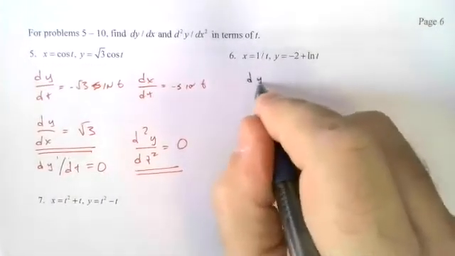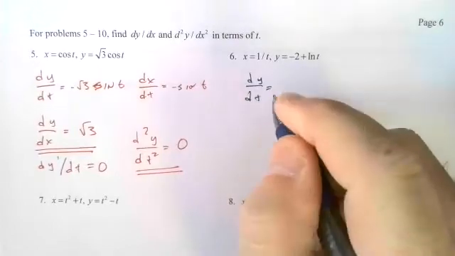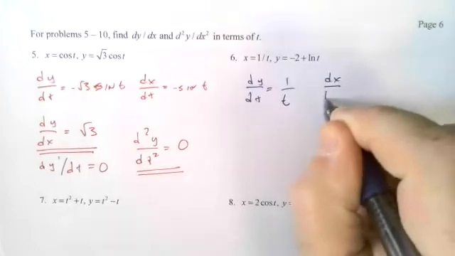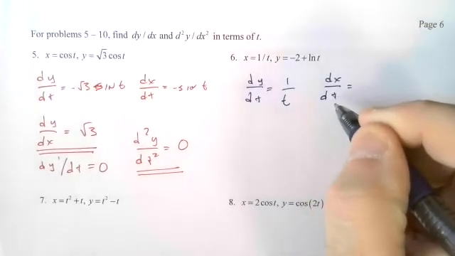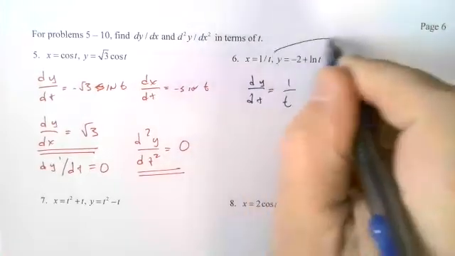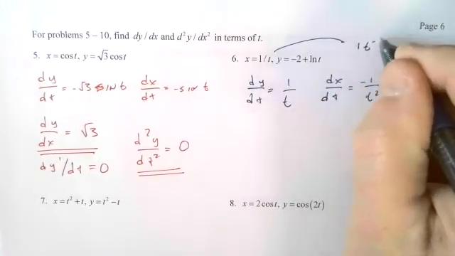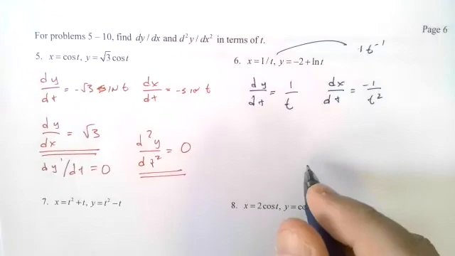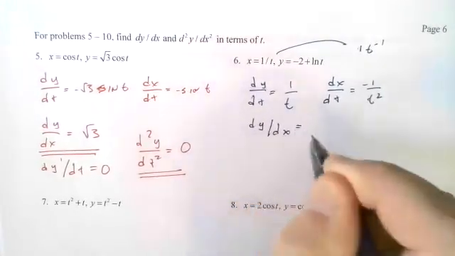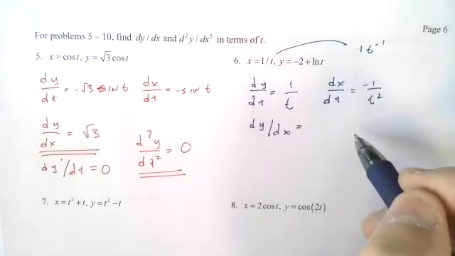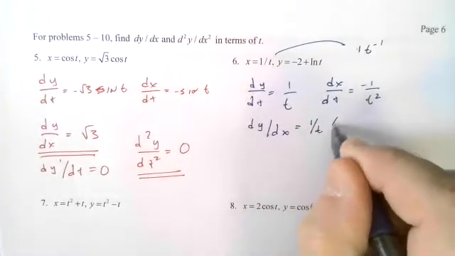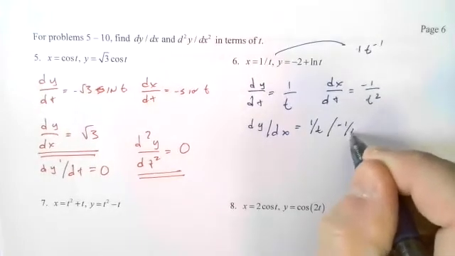dy/dt equals 1 over t. dx/dt equals negative 1 over t squared, because this is t to the negative first, negative, negative, yep. dy/dx equals 1 over t over negative 1 over t squared.